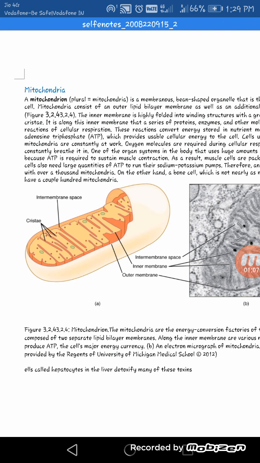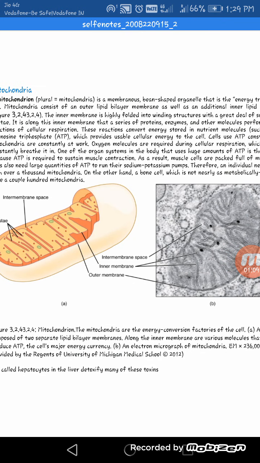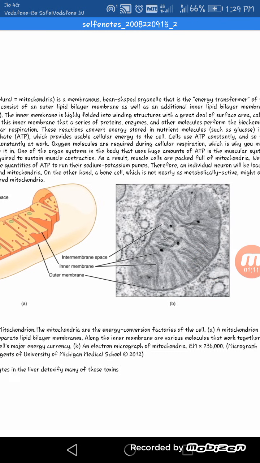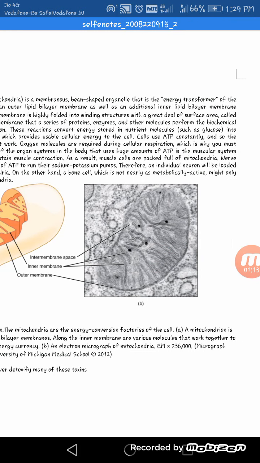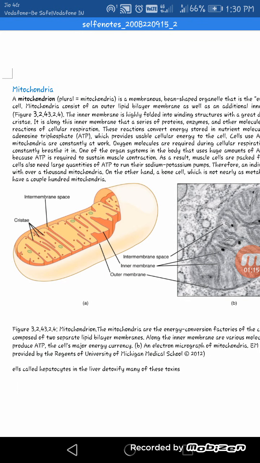It is along this inner membrane that a series of proteins, enzymes and other molecules perform the biological reactions of cellular respiration.